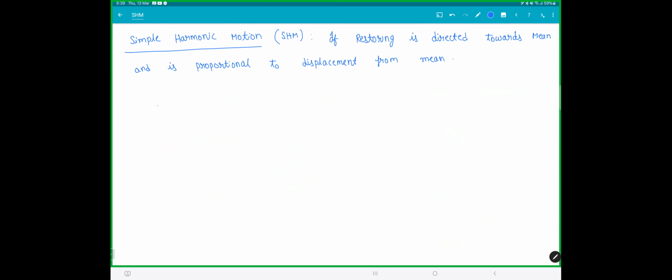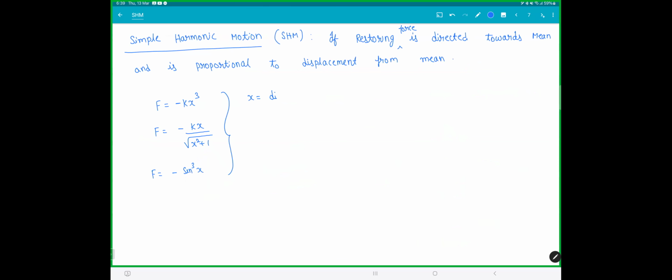So just to give an example, if restoring force F is equal to minus kx cube, F is equal to minus kx by root over x square plus 1, F is equal to minus sine cube x. So if you see all these things, these are oscillatory motions.